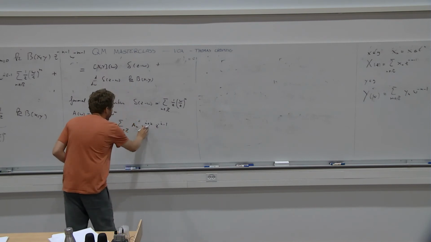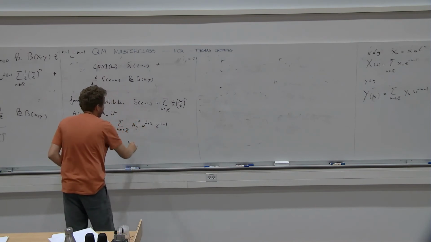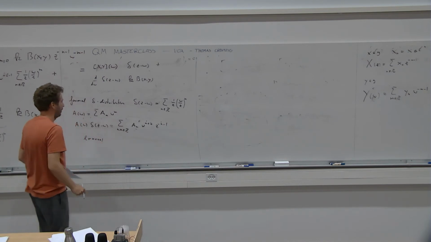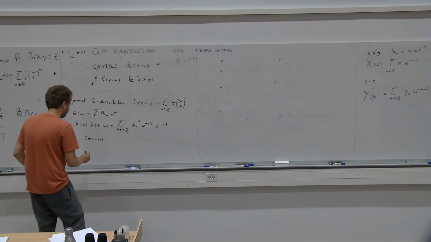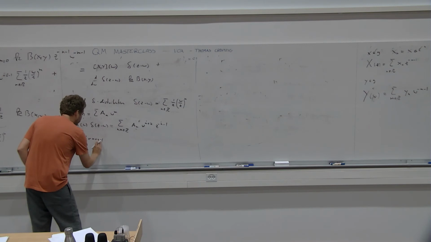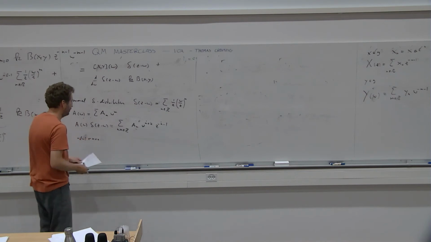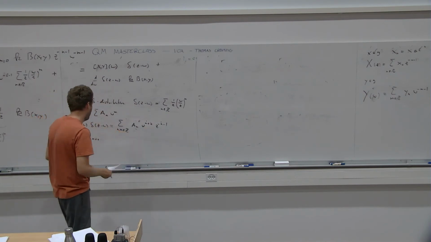So this means we make this expression now symmetric. This means we set L equal to M plus N plus 1, so that we set, let me write this, minus L minus 1 to be equal to M plus N.